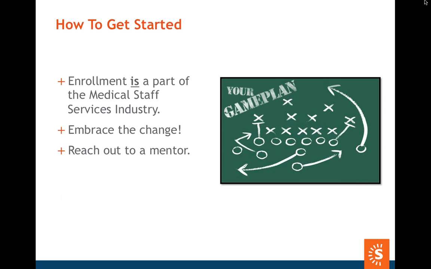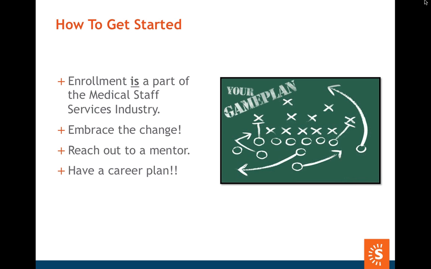And when you talk about embracing, we know that whenever we try something new, there's going to be a change adjustment. You're going to have to learn new regulations, new practices, new strategies, a whole different direction. So just knowing that going into this phase of information gathering is important to know. Another aspect about getting started is to reach out to a mentor.